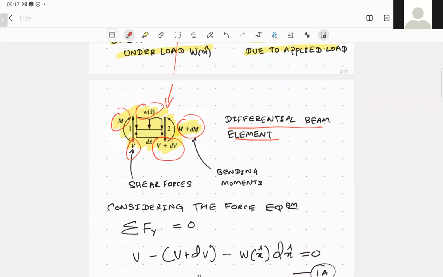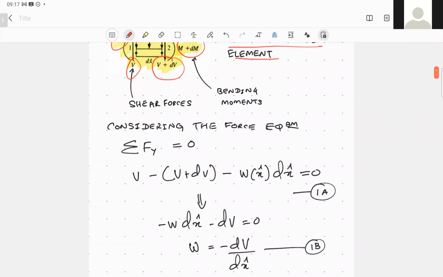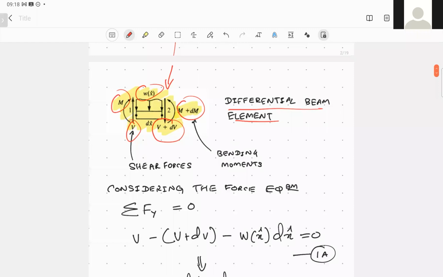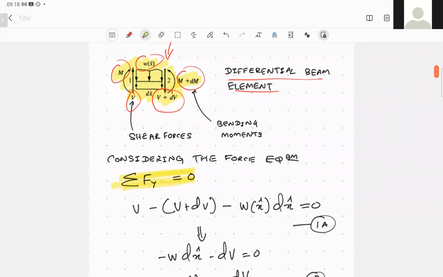Keeping these notations in mind, we can simply analyze force equilibrium as well as moment equilibrium around this differential element. Considering force equilibrium, to satisfy the equilibrium conditions, the summation of the forces acting in the y direction should be 0. What are the forces acting in the y direction?